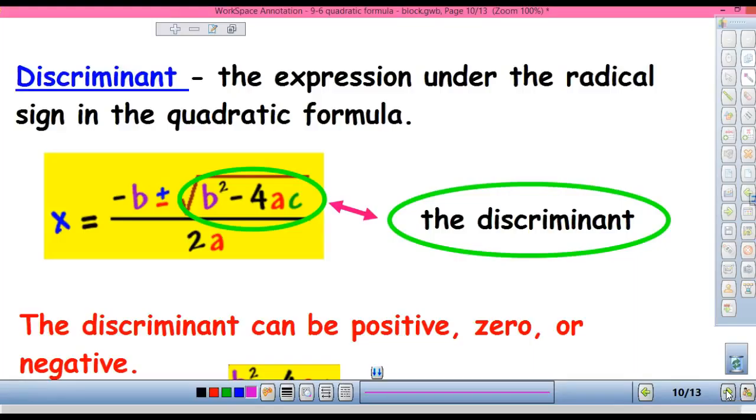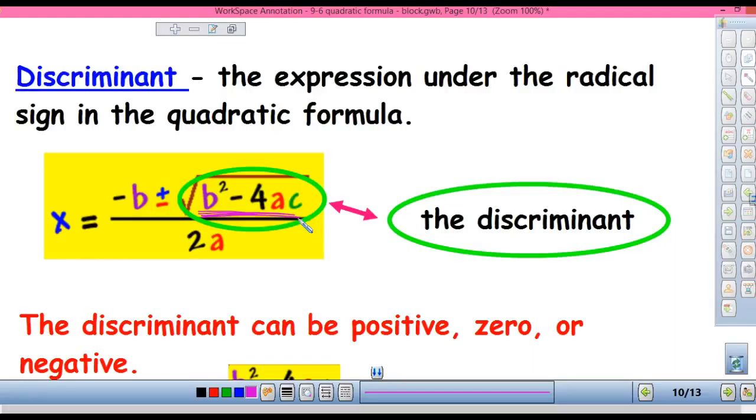Bottom of page 74. So go to the bottom of page 74, please. Because before we do any of this, I want to talk about just the discriminant. And what the discriminant is b squared minus 4ac.